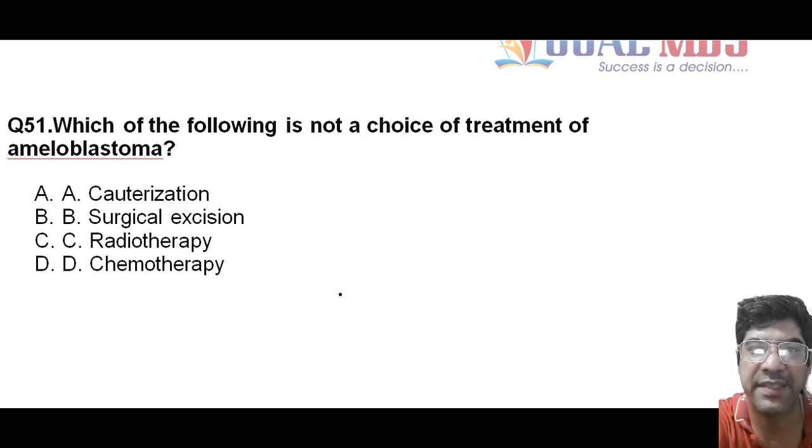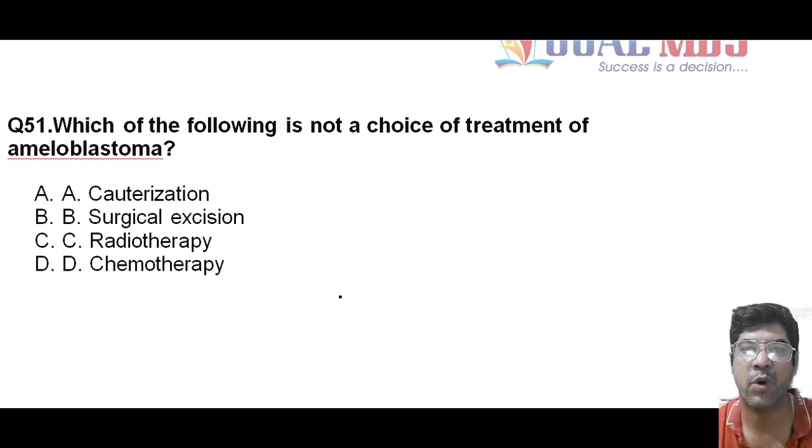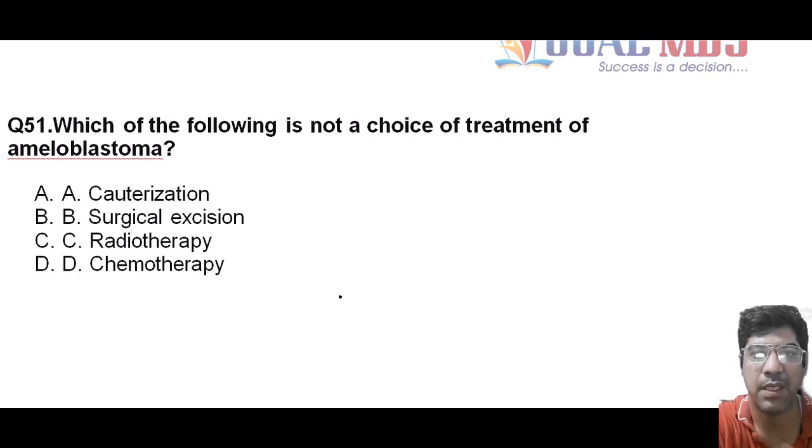Which of the following is not the choice of treatment of ameloblastoma? Ameloblastoma is typically treated with surgical excision. Surgical removal of the lesion is the primary and most important approach to manage this tumor. Cauterization and chemotherapy are not typically used, as they are not the primary treatment for ameloblastoma.